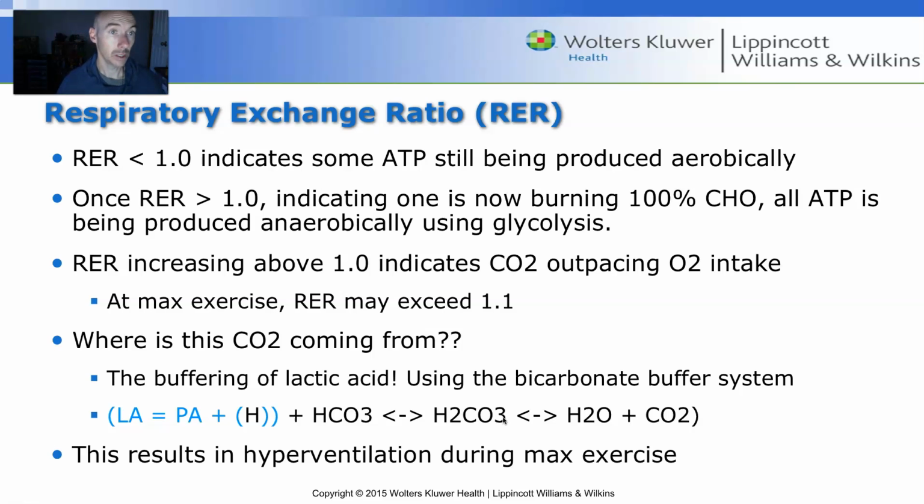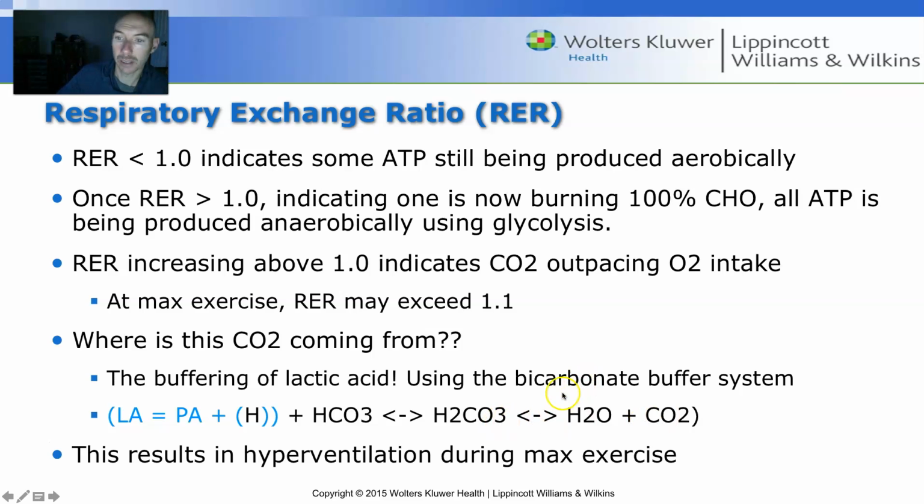Carbonic acid is known as a weak acid, and it's weak because it falls apart very easily, okay? Now, even though it's formed from H plus HCO3, when it falls apart into two different molecules, which we see here, H2O and CO2, right? So the water is good for us. We can use that for many things. The CO2 is now something that we can easily get rid of by expiring air, okay?